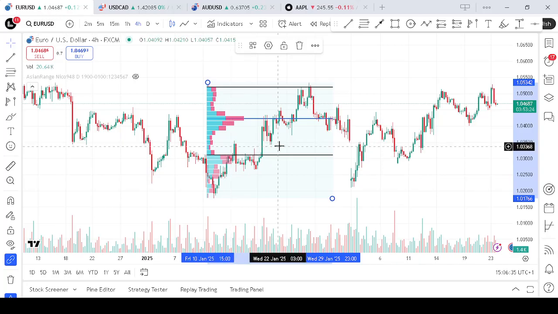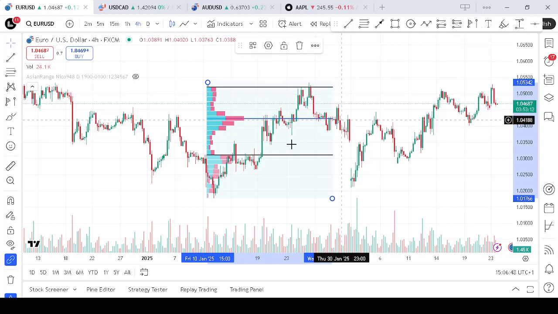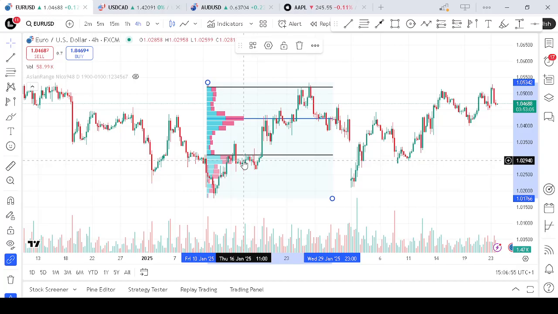Unlike traditional volume indicators that only show how much of an asset is traded over time, this FRVP, that's the short form for the fixed range volume profile, allows you to see where the most trading activity is concentrated, giving you a clearer picture of the market dynamics.